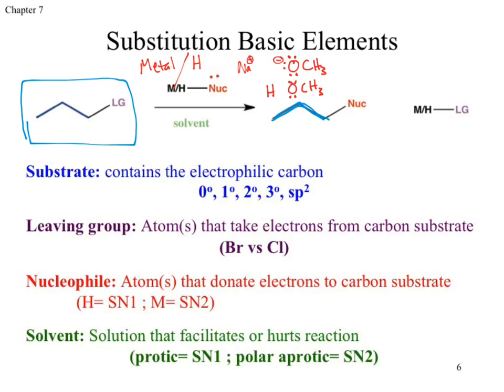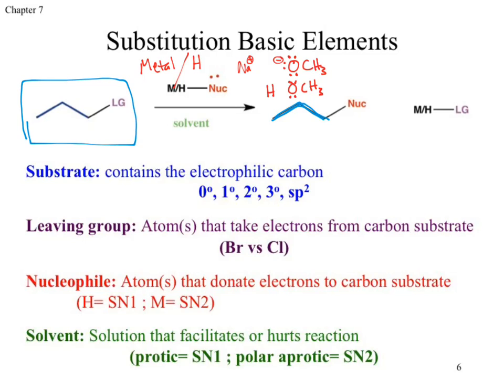The "hurts" is showing up there because when we look at the individual mechanisms and how the solvent can affect the reaction, it turns out that certain solvents will hurt a particular mechanism and prevent it from functioning, which would mean what about that solvent choice? Don't pick it.